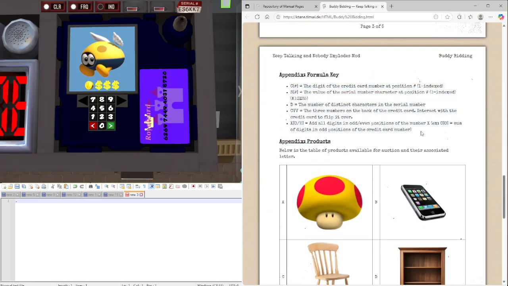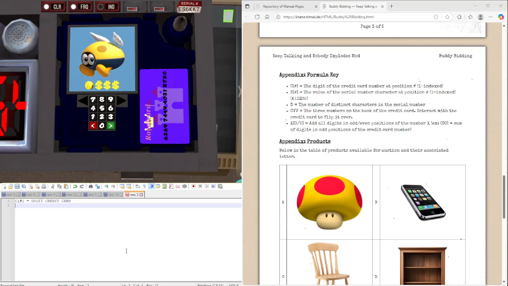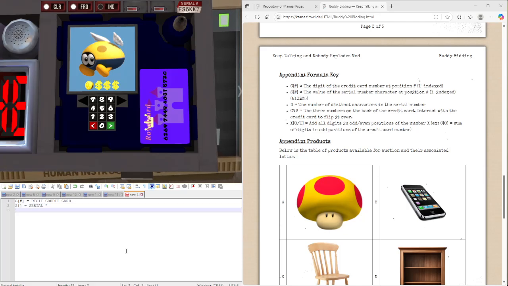So let's just note each of these down, so I don't keep scrolling down to it. See where the number equals the digit of the credit card in that position. Serial is the same, for the serial number. These are both one-indexed, with letters being the alphabetical position plus 9.